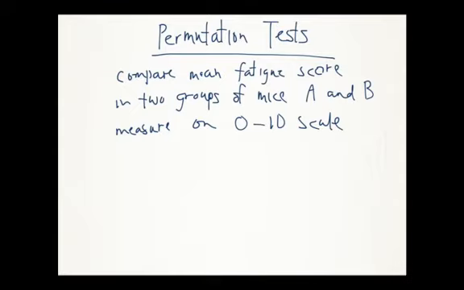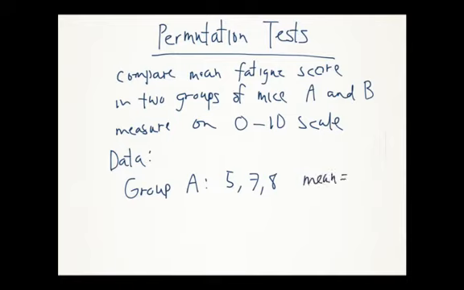Okay, so suppose here's our data, and we have 3 mice in each group. Suppose in group A, the fatigue scores are 5, 7, and 8, so that the mean is 6.67.